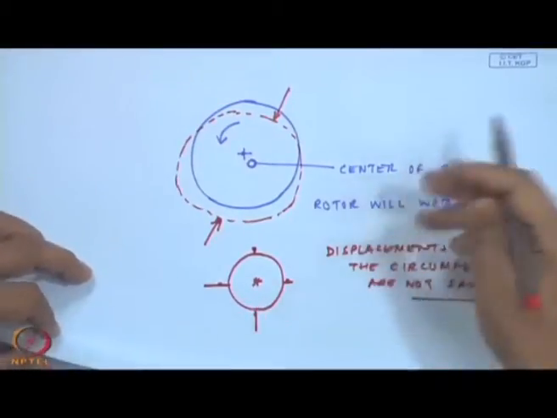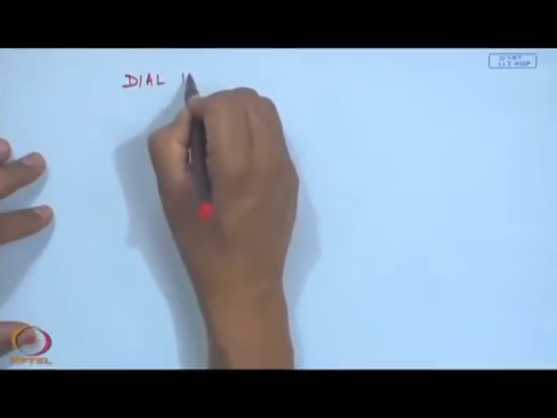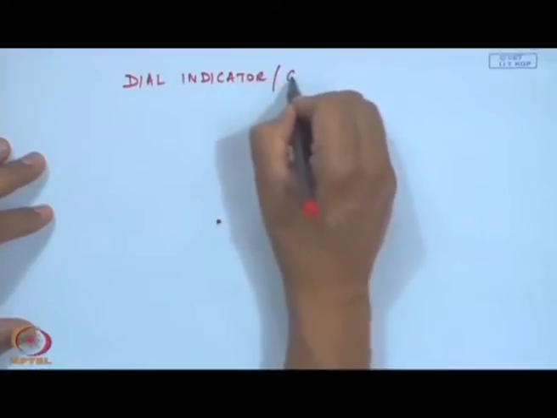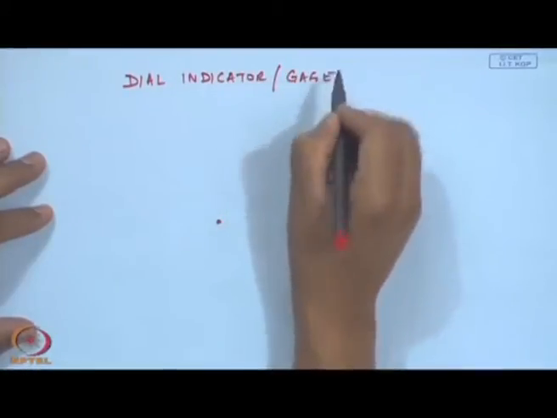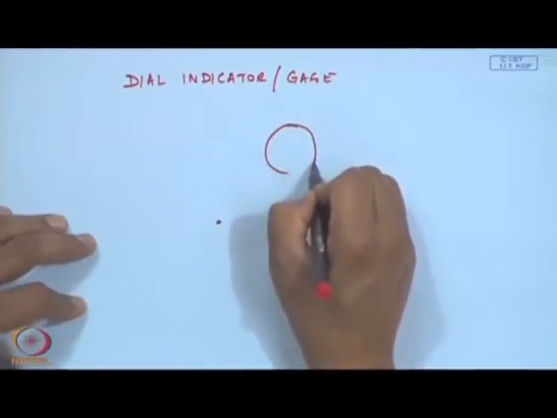It is very easy to measure it. There is an instrument that all of you must be familiar with, a very common instrument in the lab: a dial indicator, or a gauge. Basically, it is a spring loaded stylus.